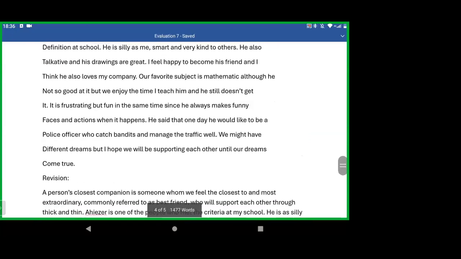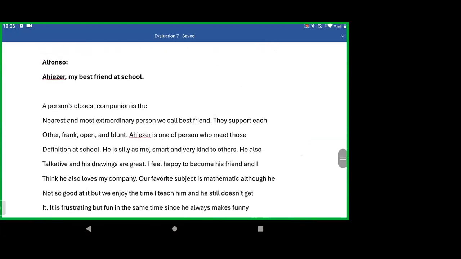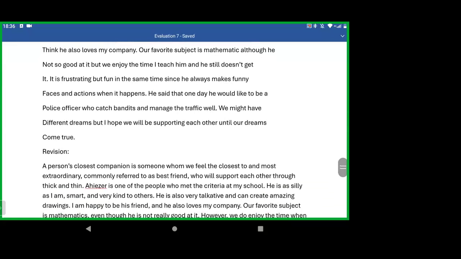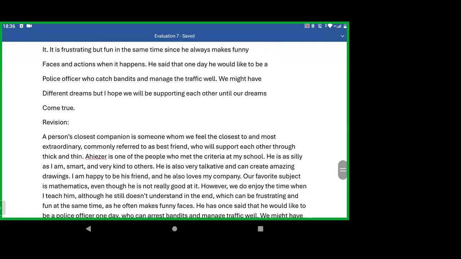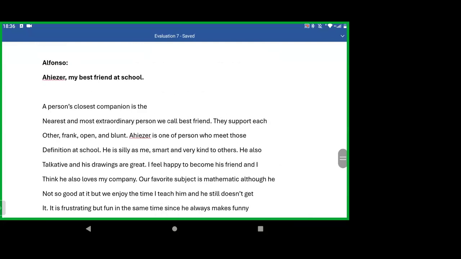But it's okay actually, because in the original sentence, it is just implied that a person's closest companion is the nearest. It doesn't accentuate the fact that you feel close to them, but in the revision, I emphasize the feeling of closeness with a person whom we call a closest companion. So that's the difference.